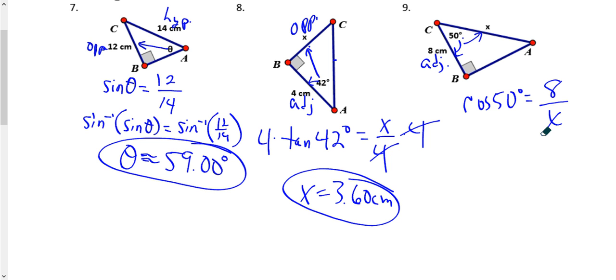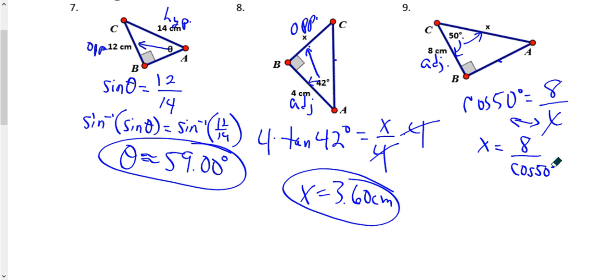This is the one with x in the bottom, so it's not sine. Sine is opposite. Here's our angle. That would be the opposite side to this angle. They didn't give us anything there. They gave us the adjacent and the hypotenuse. Who remembers what to do when x is in the bottom? Switch these two things. So that gives us x equals 8 over cosine 50.